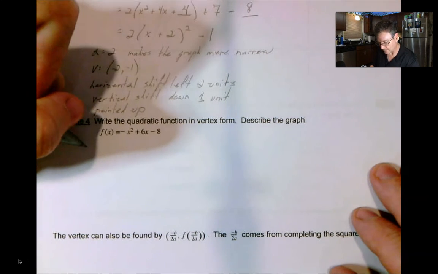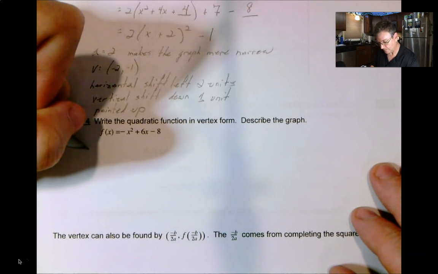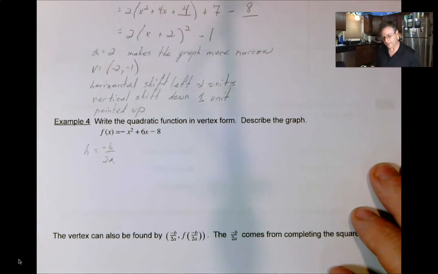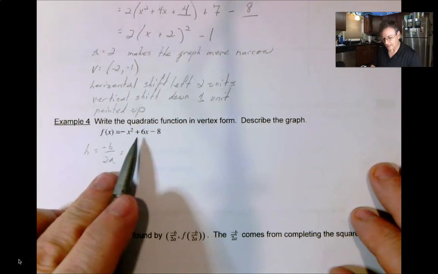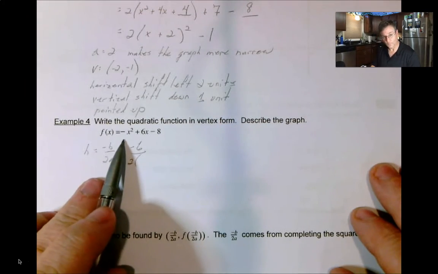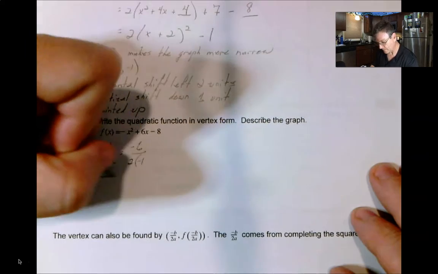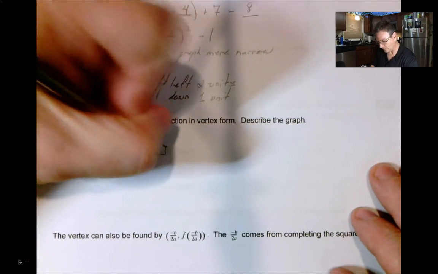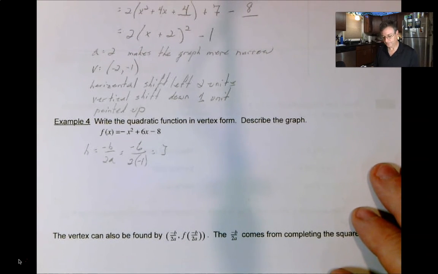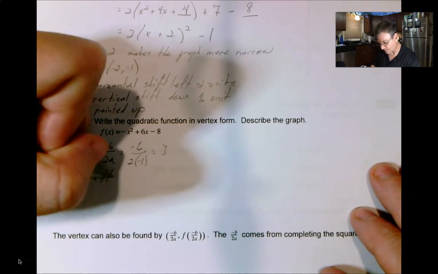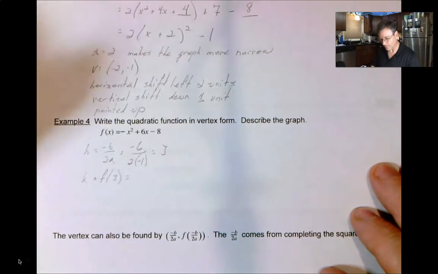So let's find the x component of the vertex, which is h, equals -b/2a, which is -6 over 2 times -1, which is 6 over 2, or 3. So h is 3. To find k, k equals f of 3, or f of h.